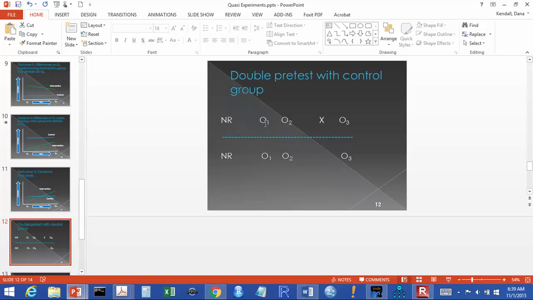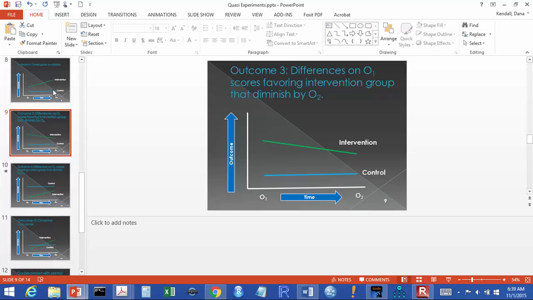And that way we can tease apart, we can get a baseline for the group's maturation levels, I guess, the extent of maturation that's occurring, I should say. And then we can compare that to this time frame right here, and that's going to be the critical one because that's where we have the intervention.